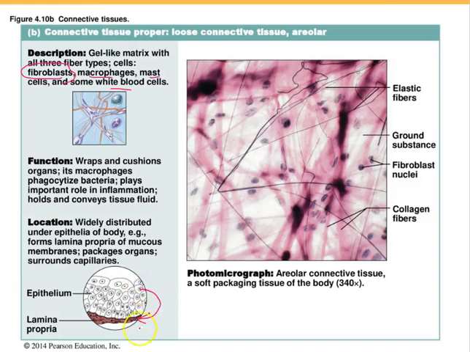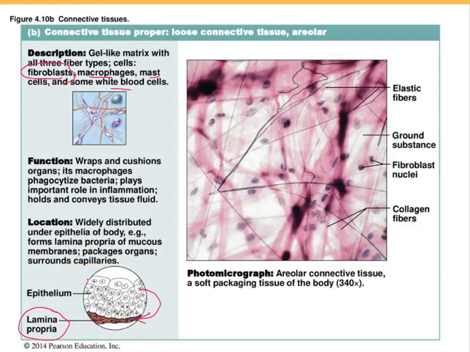You can find the areolar connective tissue, for which lamina propria is the term we use, found under epithelial tissue of the digestive tract and also the respiratory tract organs. Then around the capillaries, we can find the areolar connective tissue.